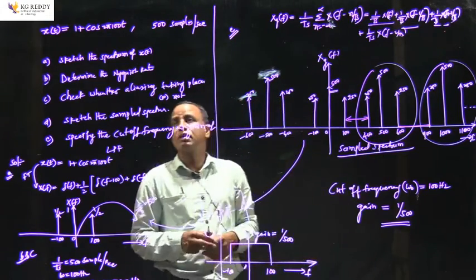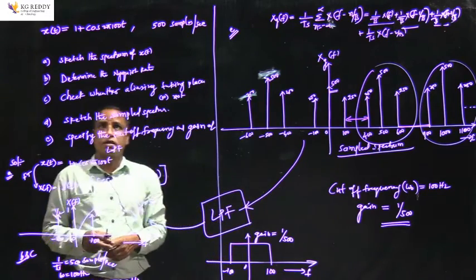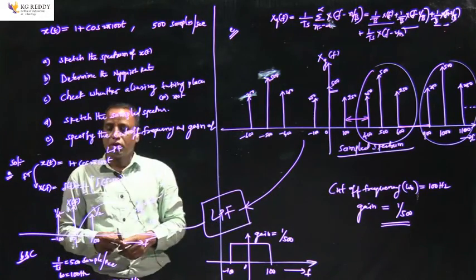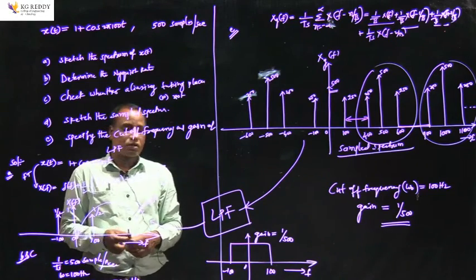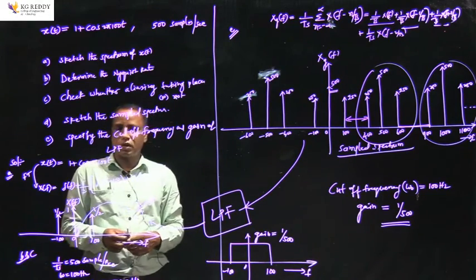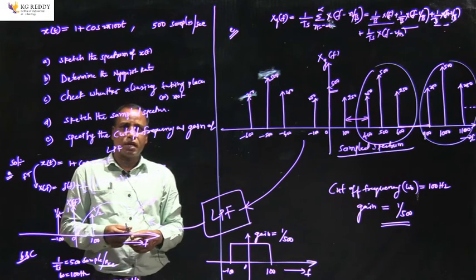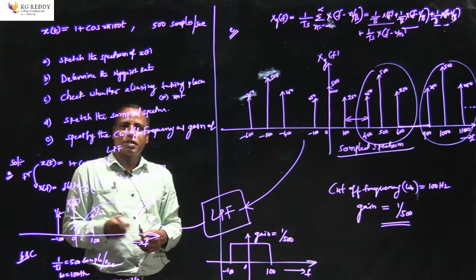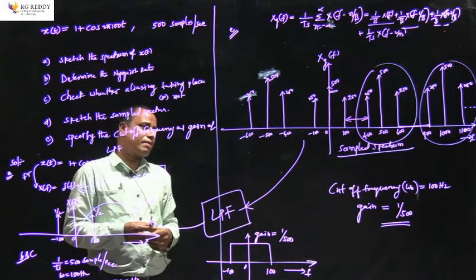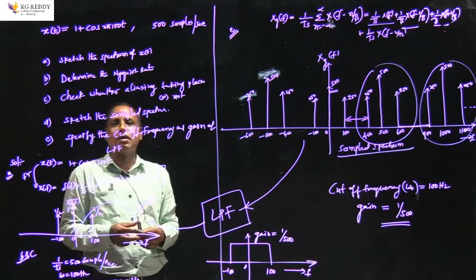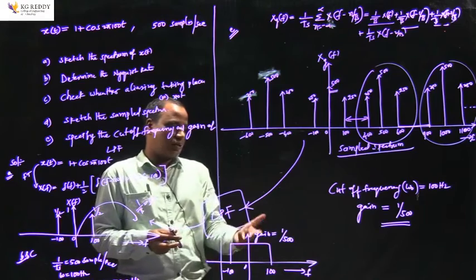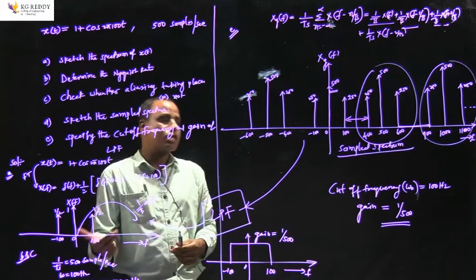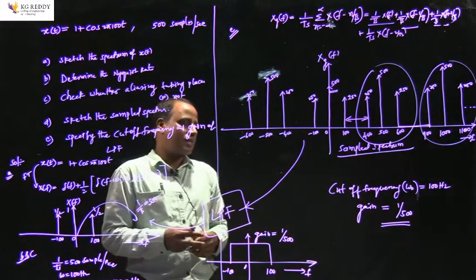So in this way we can determine the spectrum before sampling, determine the Nyquist rate, check whether aliasing is taking place or not, sketch the spectrum before sampling and after sampling, and even design a low pass filter by which the original spectrum can be reconstructed from the sample spectrum.